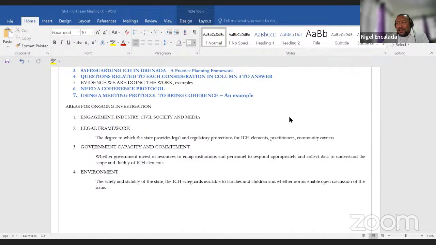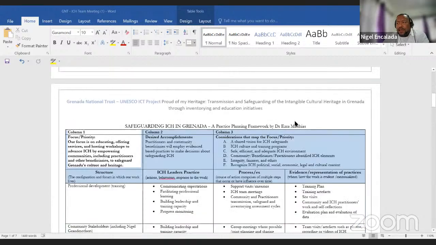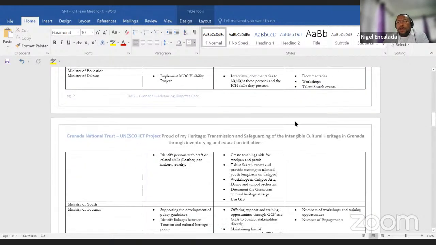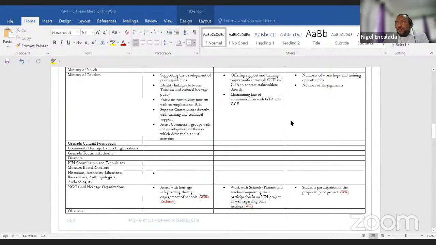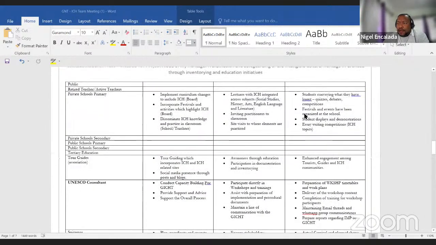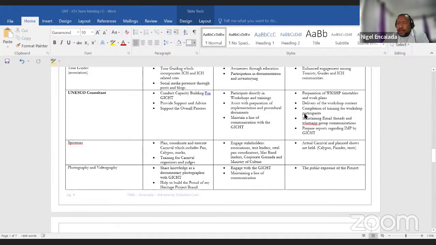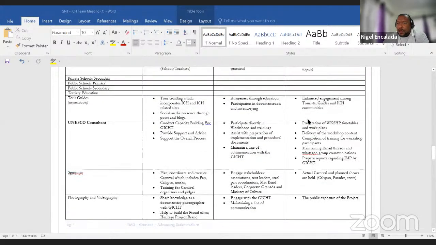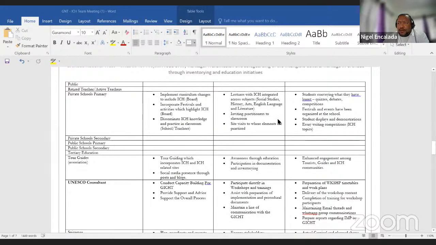Right? All right, ladies and gentlemen, it's unfortunate that we have to leave this now. But we have a framework that Ezra and the team at the Grenada National Trust can begin to and continue to elaborate on. The more we fill it in, it will give us a broader picture of where you are with ICH in Grenada, no?